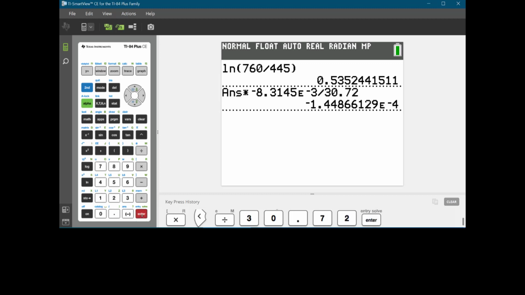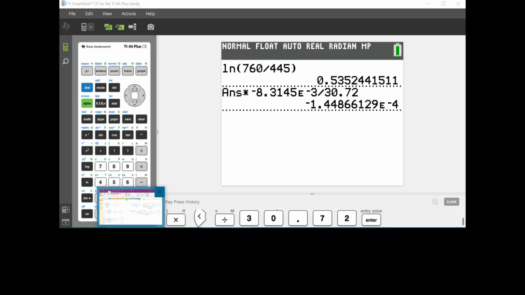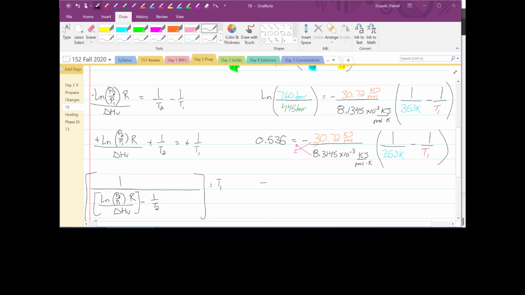I get negative 1.448 times 10 to the negative 4. I'm adding a sig fig. We only have 3, but I'm keeping more. So negative 1.448 times 10 to the minus 4. Right? And that's 1 over Kelvin. Kelvin's still on the bottom. Kilojoules is gone. Moles is gone.